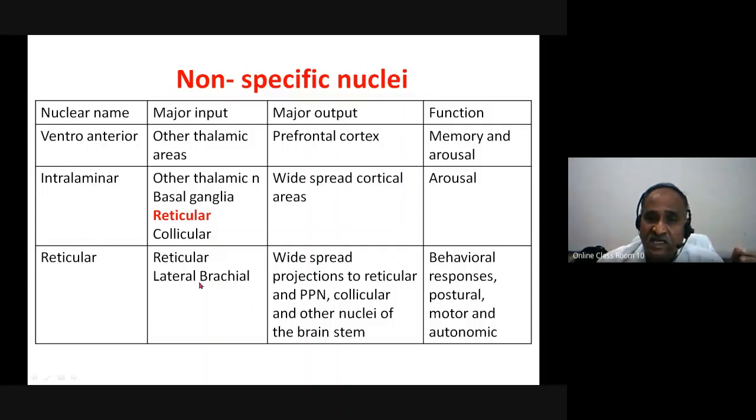The reticular nucleus receives inputs from the reticular system of the midbrain, pons and medulla, and the lateral parabrachial nucleus.